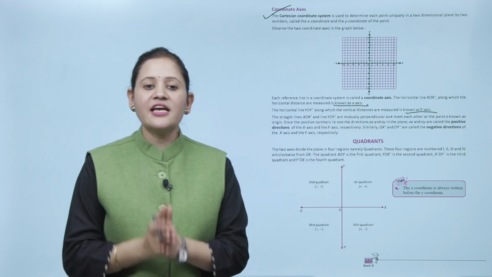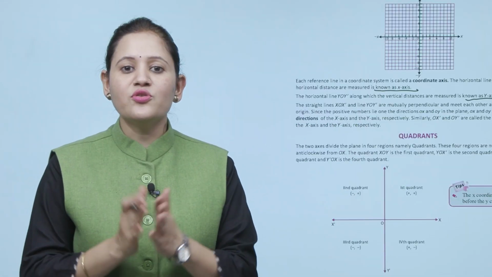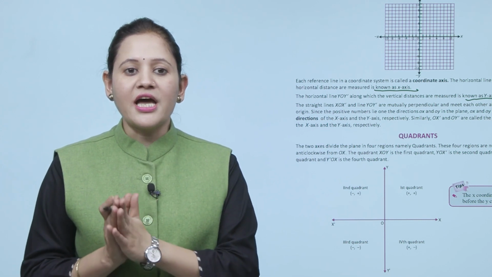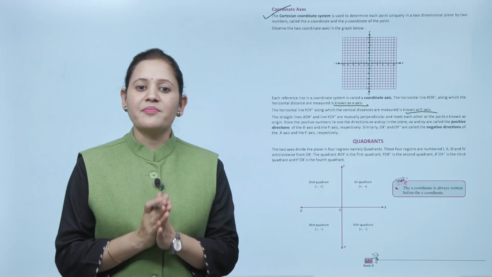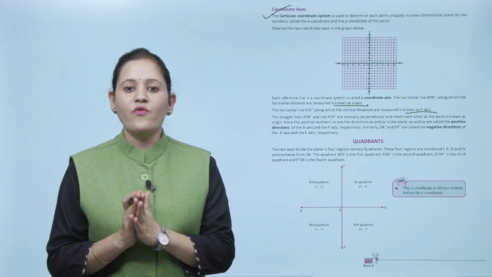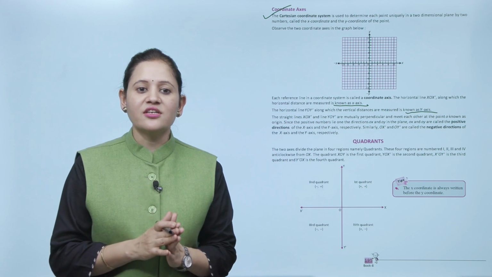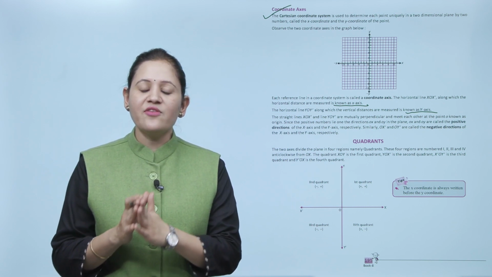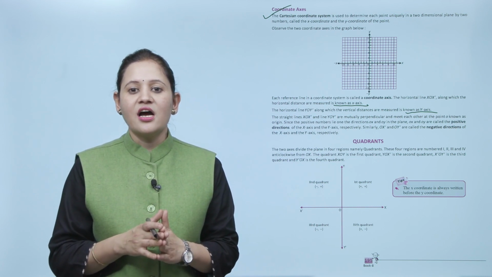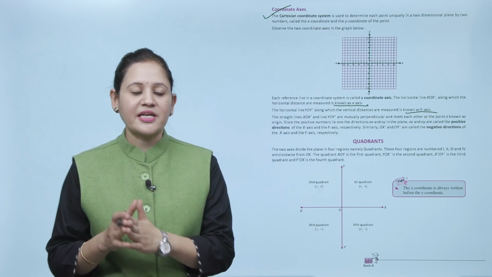The straight lines X'OX and Y'OY are mutually perpendicular and meet each other at the point known as the origin. Since positive numbers lie in the directions OX and OY in the plane, OX and OY are called the positive directions of the x-axis and y-axis respectively. Similarly, OX' and OY' are called the negative directions of the x-axis and y-axis respectively.